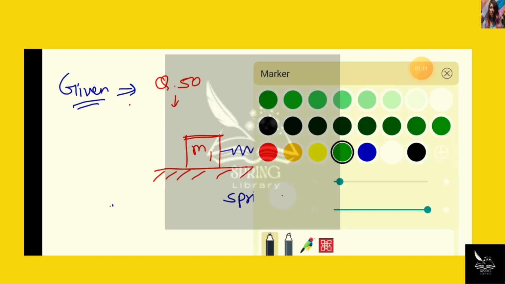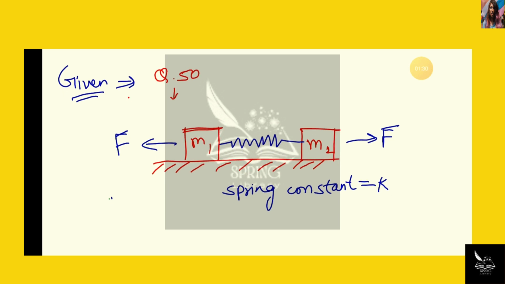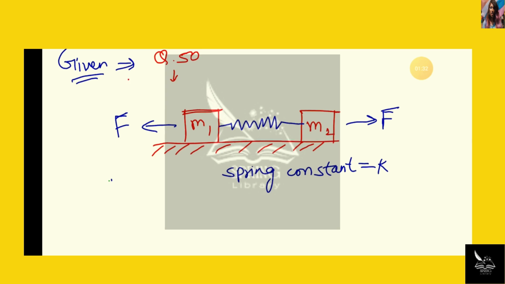So the direction of the force for the first block will be towards the left, and for the second block towards the right. You can now see in the figure that these forces are trying to pull both blocks.